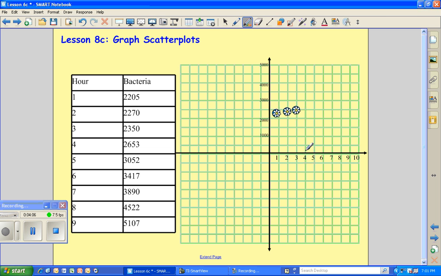And this one's a little bit harder since the numbers are so close together. 4 should be right above that line. 5 is a little above 3000. 6 is a little bit under there. 7 is at 38. 8 is at 45.